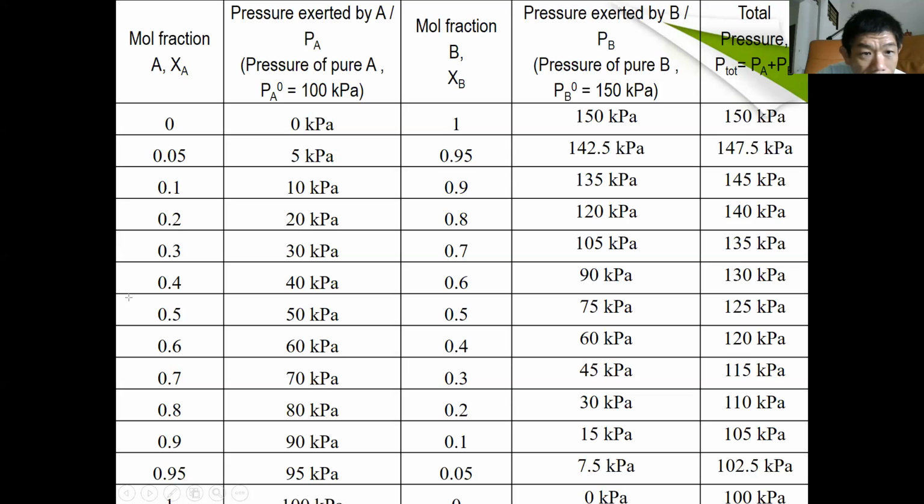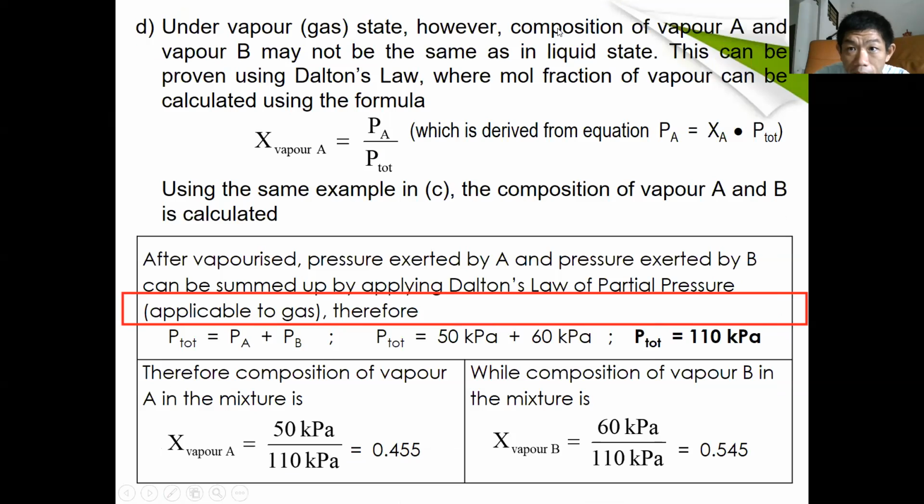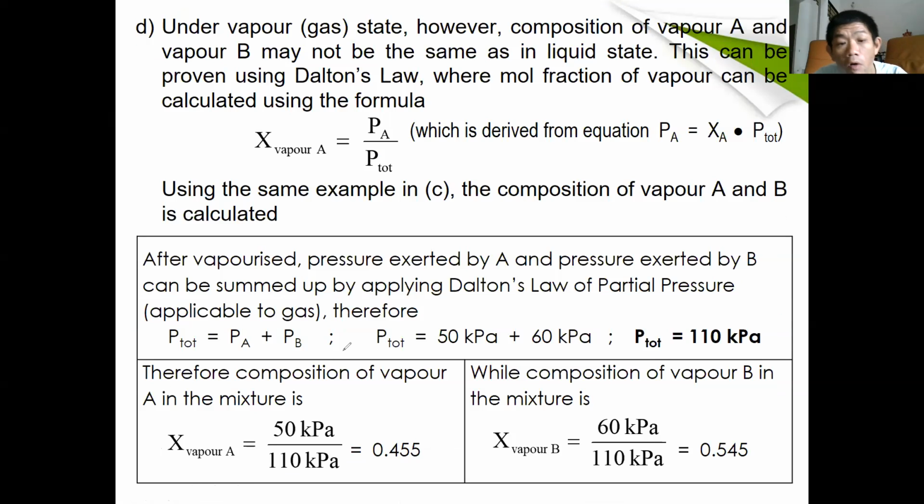So just now, the vapor pressure of A at 0.5 is 50. Vapor pressure of B at 0.5 is 75. So total pressure is 125, isn't it? Okay. So we move this information and we try to calculate the mole fractions of vapor A and vapor B, which are shown in here.